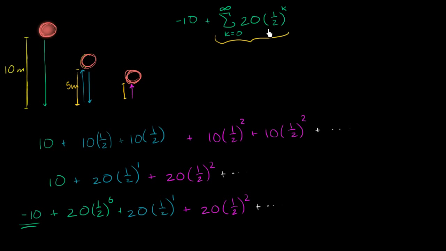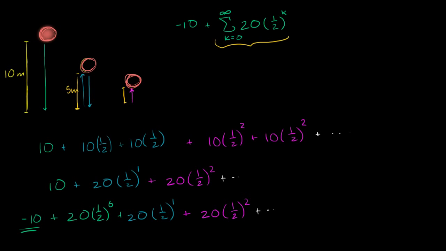Well, we've already derived in multiple videos that the sum of an infinite geometric series, the sum from k equals 0 to infinity of a times r to the k, is equal to a over 1 minus r. So we just apply that right over here.